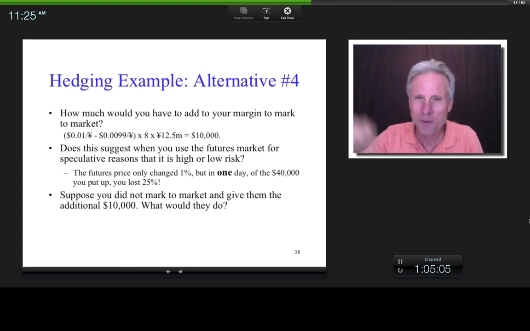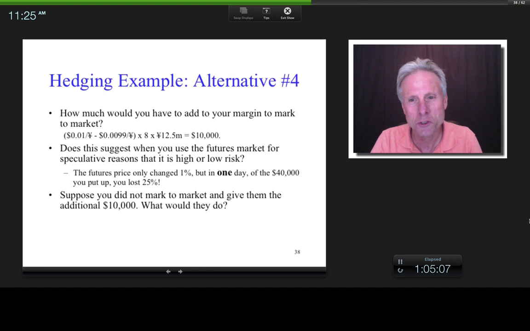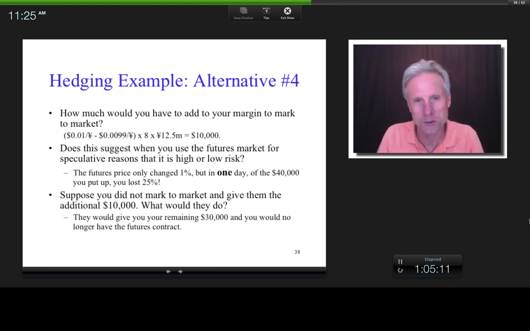If you don't bring it back up to 40, we're just going to trade you out. And by the way, here's the rest of what belongs to you, that's the 30,000. So that's using some numbers for the futures contract.